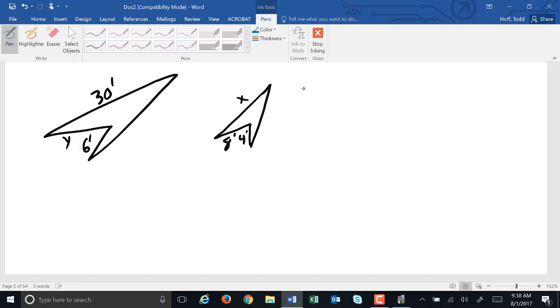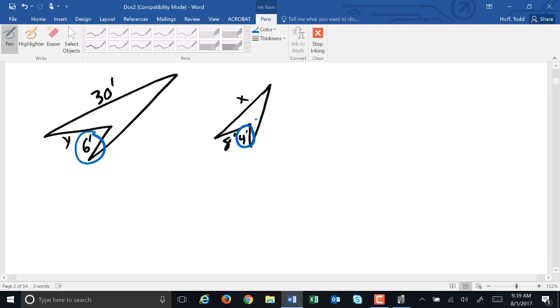Well, I have to look for a side that has a corresponding side between the two figures where I know the length on both figures. Do I have that here? The 6 and the 4.